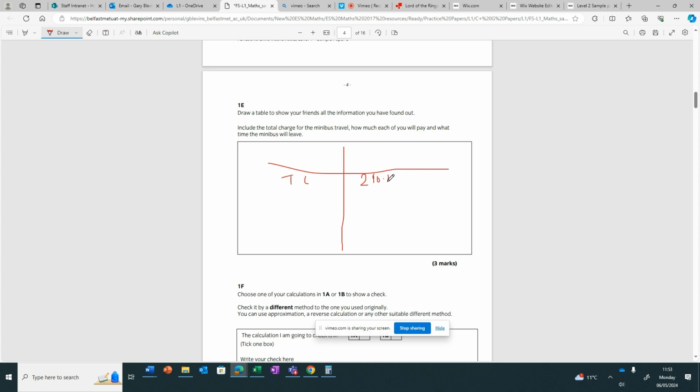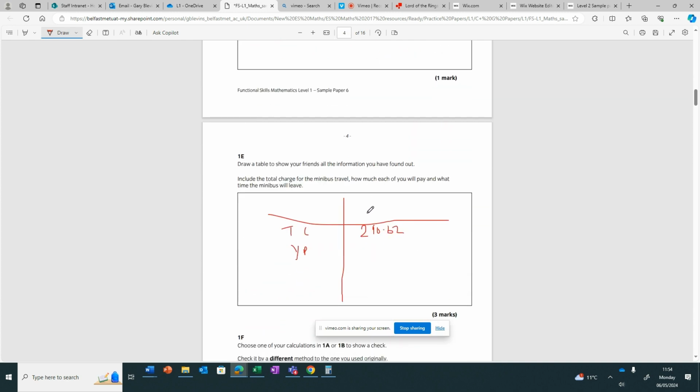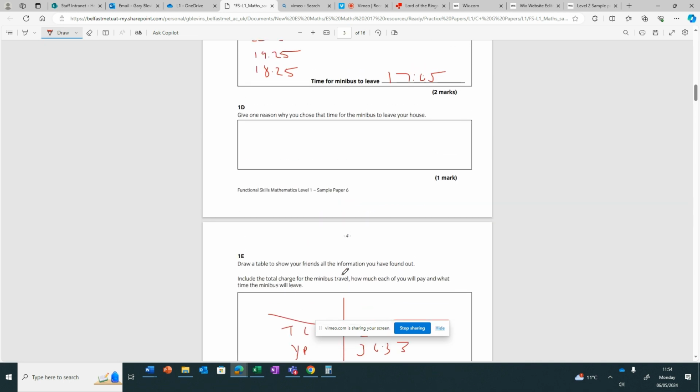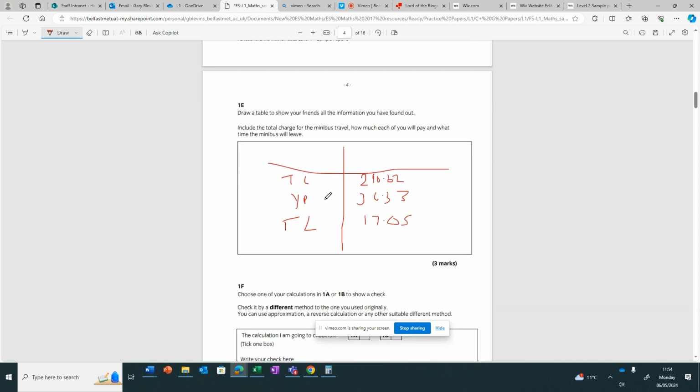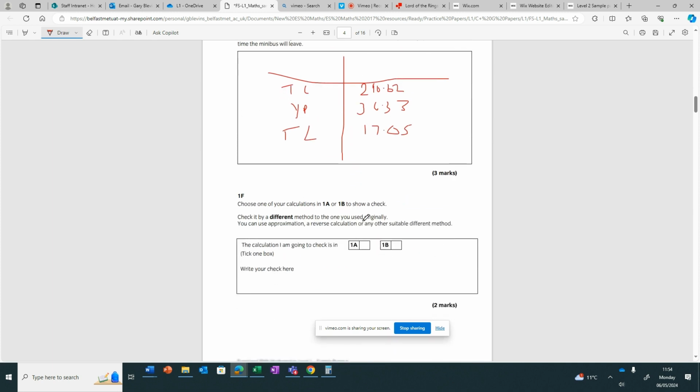How much you'll pay each is £36.33. Time to leave was 17:05. Obviously in the exam, make your table look a little bit better than mine, but that's what a table is. Your categories on the left-hand side, your results and money on the right. If you can label the columns as well, it's great.